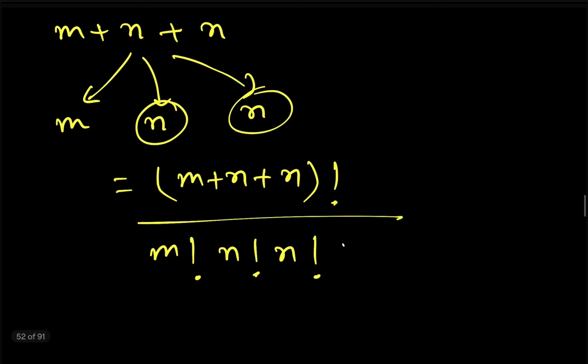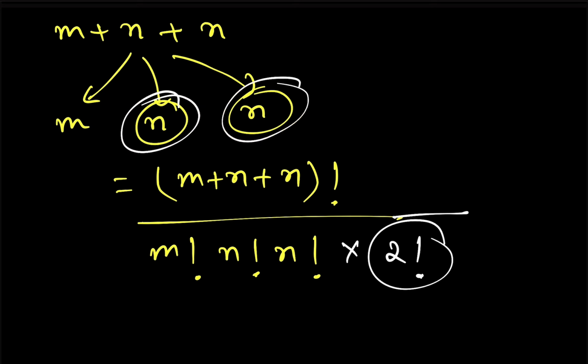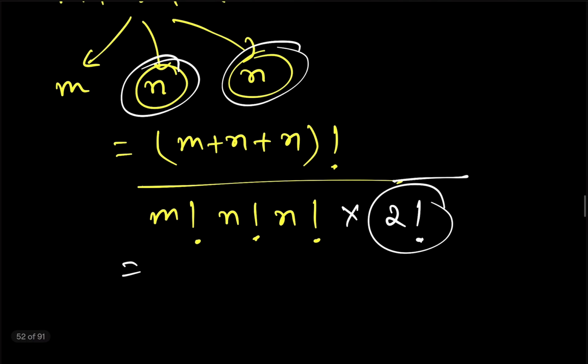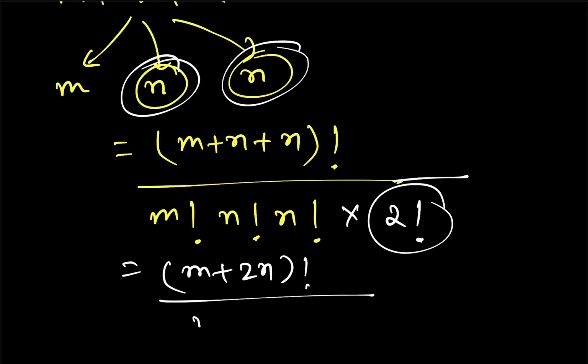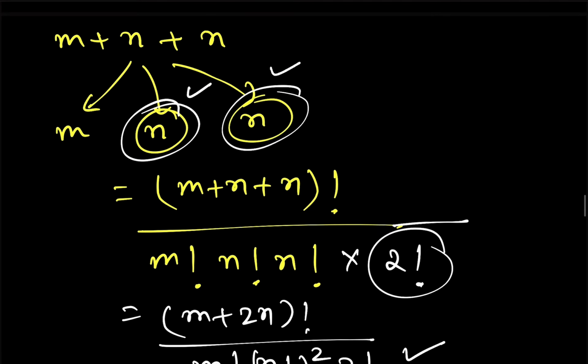But we will multiply an extra 2 factorial in the denominator. Why? Because these two groups are the same, so it would cause similar repeated arrangements. So if you write this further, it becomes (m+2n) factorial over m factorial, n factorial whole square, into 2 factorial, because these two groups are the same.